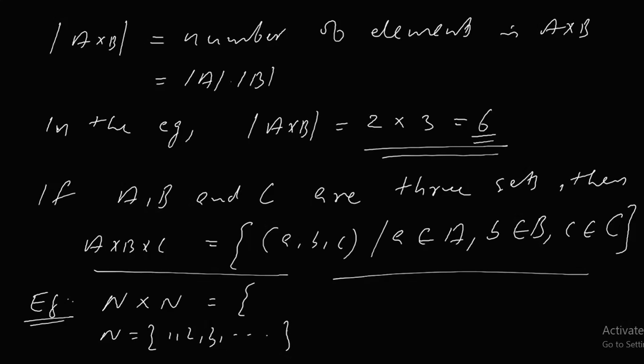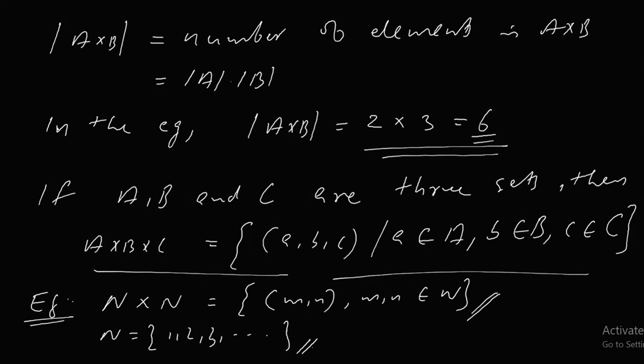N cross N gives you combinations like (m, n), where m and n both belong to N. This contains infinitely many elements, because N contains infinitely many elements, and the other N also contains infinitely many elements. So if one of the sets is infinite, then the cross product will also contain infinitely many elements.